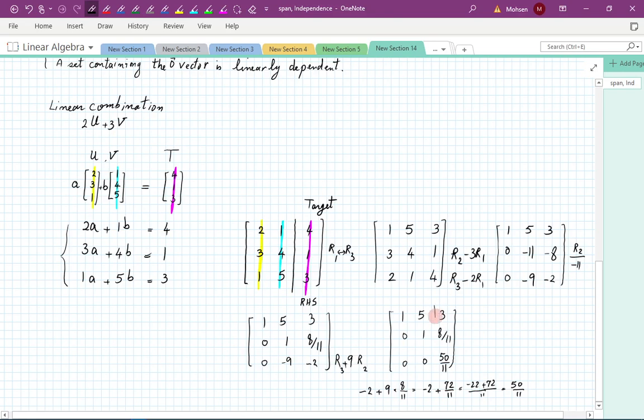We said previously, if your coefficient matrix has a row of entire zeros and the right hand side is something that's not zero, then the equation has no solution and we call it inconsistent. So no solution, inconsistent.